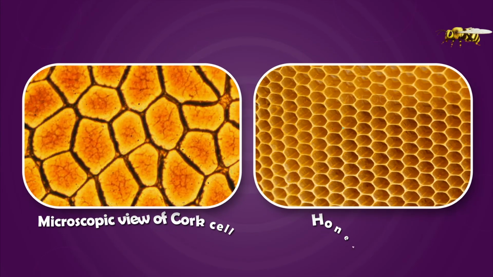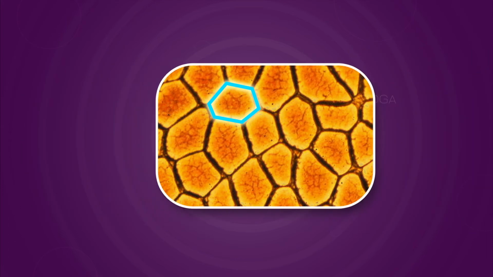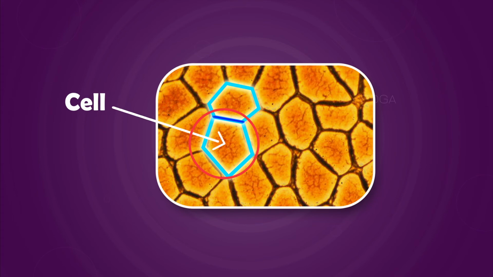Robert Hooke noticed some partitioned boxes or compartments similar to those in the honeycomb. He also saw that one box was separated from the other by a wall or partition. He coined the term cell for each box.